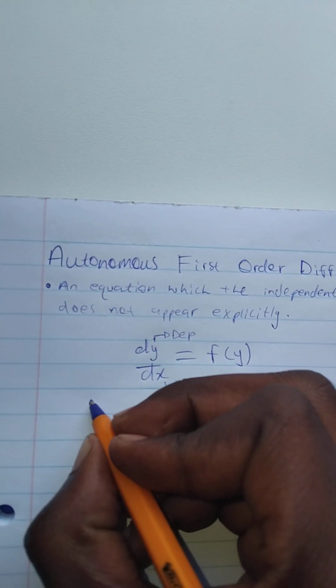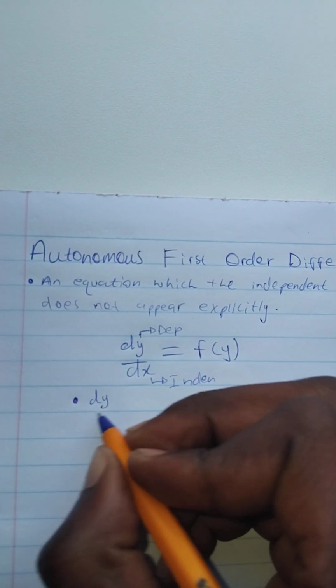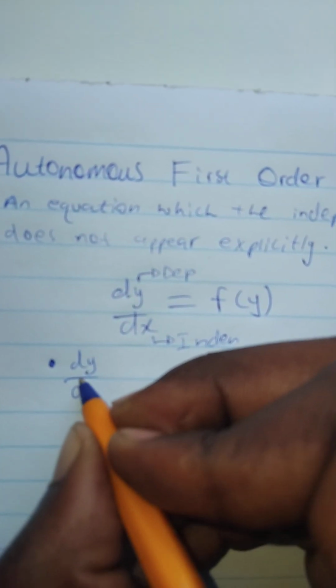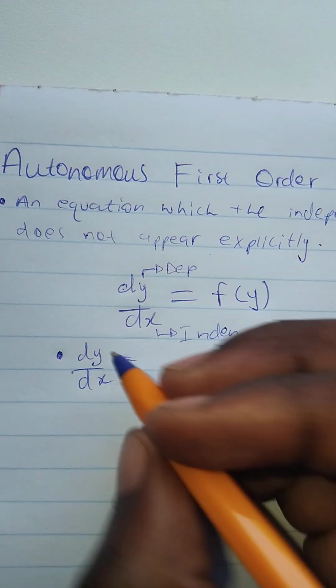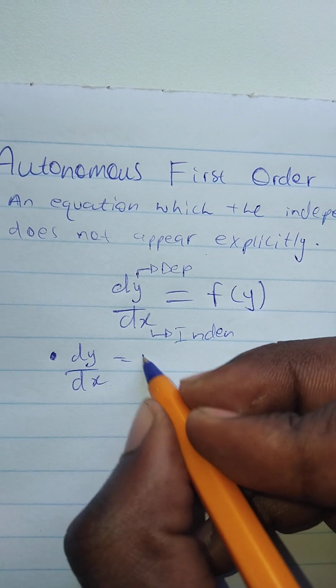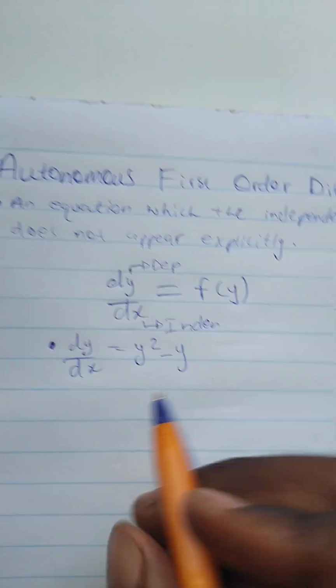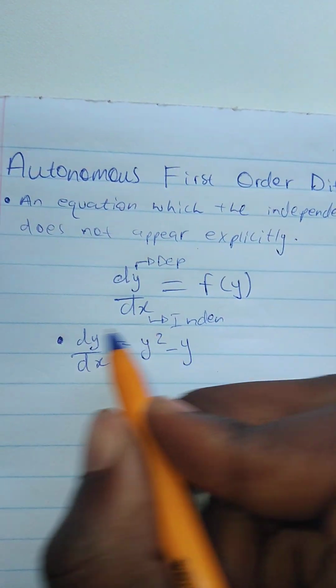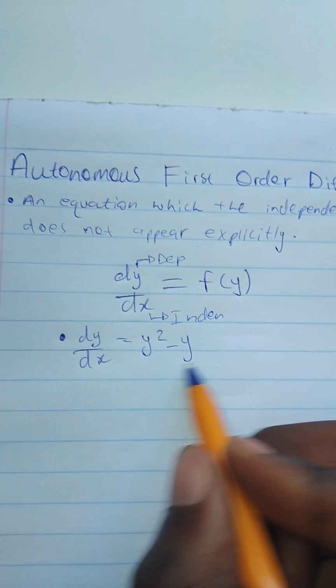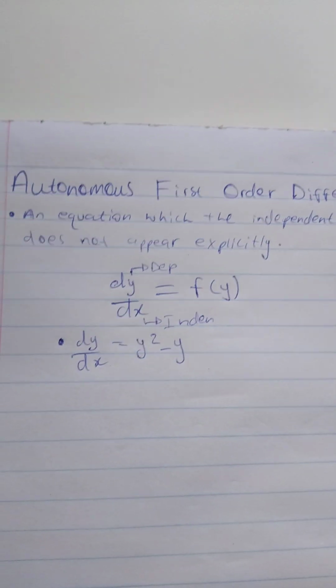Let me just give you guys an example. We're gonna have something like dy/dx equals y squared minus y, like that. So this is an autonomous first order differential equation. x does not appear anywhere, okay?